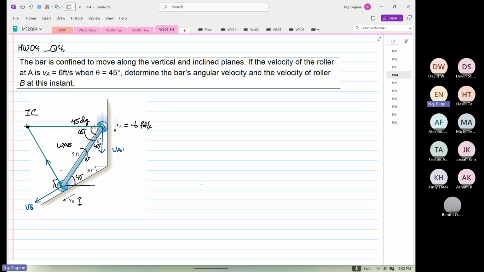Do we know our angle down here? Do we know this angle theta 1? This is important because we need to find the distance to the instantaneous center.